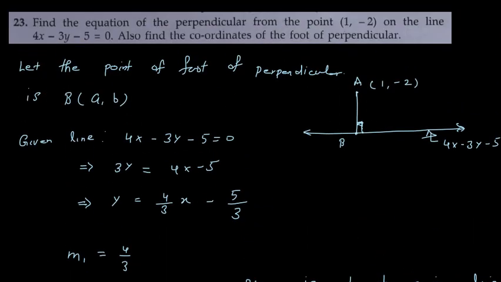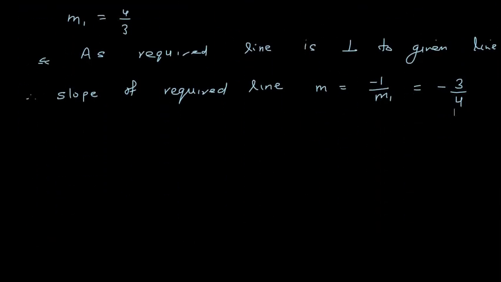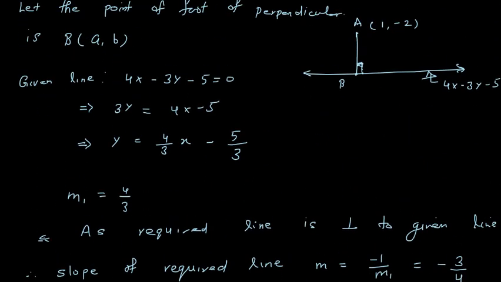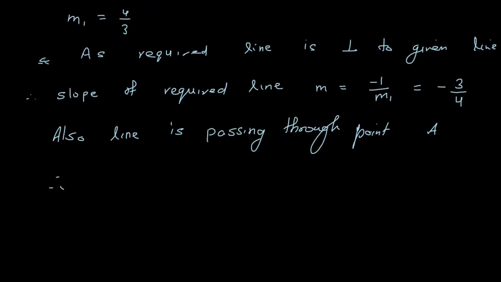This is the slope of the required line. Now the line is passing through point A. Also we know that the line is passing through point A, therefore I can say that y minus y1.